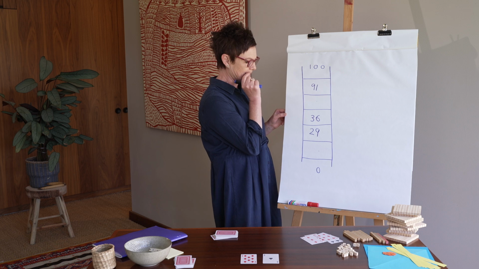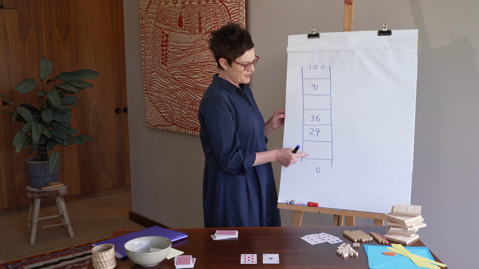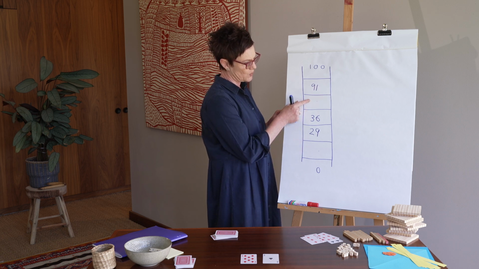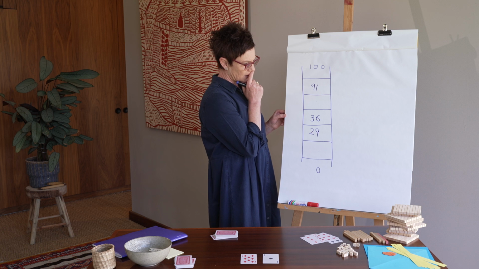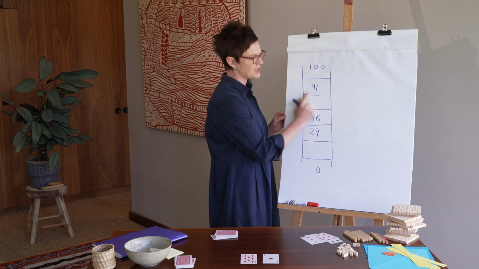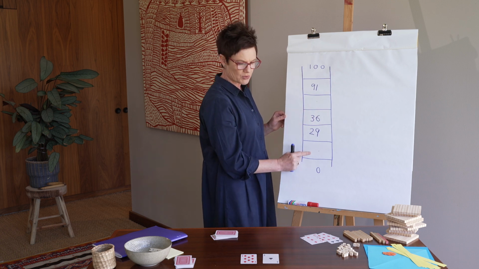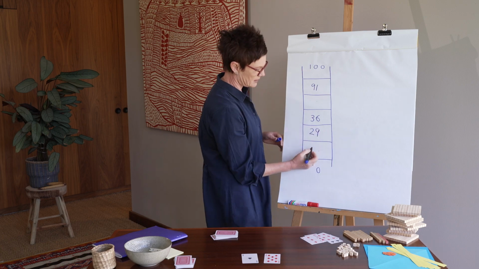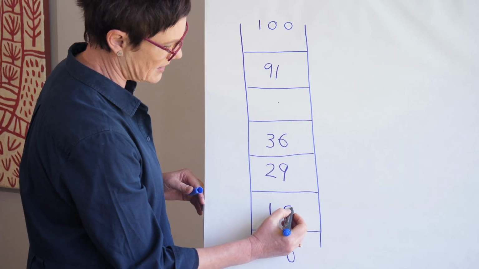But I'm going to have to think which one should I put them in, an 18 or an 81. Okay, well, I think I'm going to leave as much space as I can in here. So I'm going to put my 18 at the bottom of my ladder.